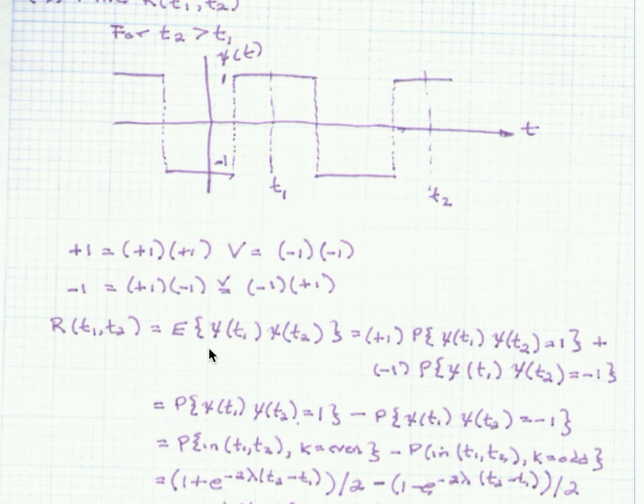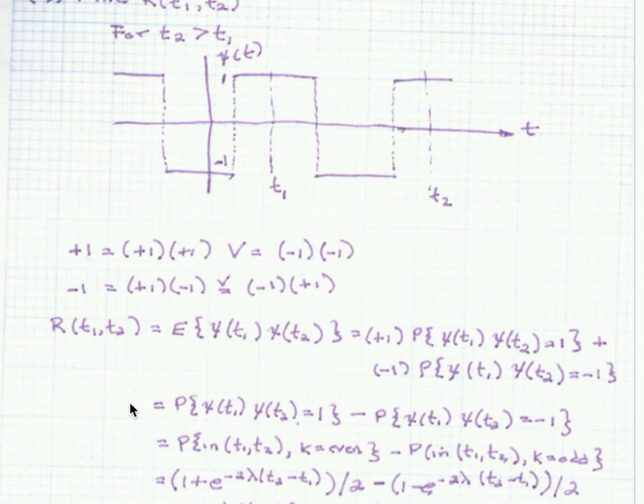We have X of t1 times X of t2, and the way that lays out on this first degree probability mass computation, we'll end up with plus 1 times the probability of X of t1 times X of t2 equals 1, plus we'll have a minus 1, since we picked that factor, times the probability of X of t1 times X of t2 equal to minus 1.